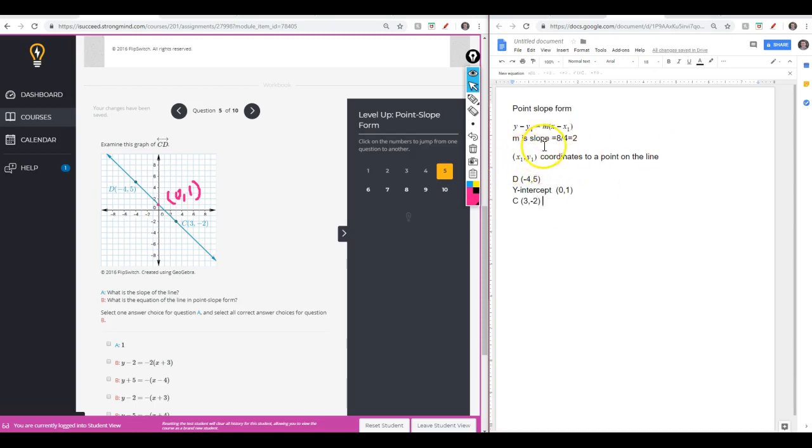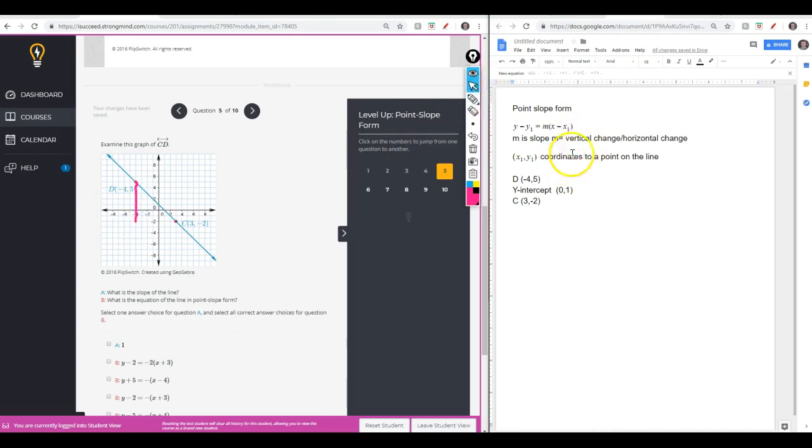So now we've got to figure out what our slope is. Slope is the vertical change between 2 points divided by the horizontal change between 2 points. So let's count. Let's use that tool that they give us. I'm not wanting to use the formula because they give me a graph which I can easily count. From point D to point C, it went down 1, 2, 3, 4, 5, 6, 7.